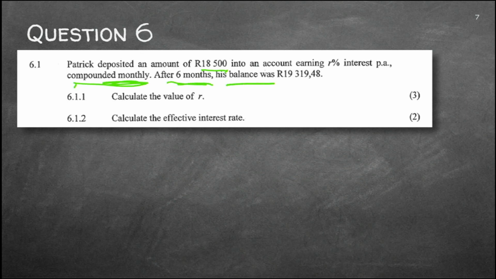After 6 months, his balance was 19,319 Rand 48 cents. Calculate the value of R.